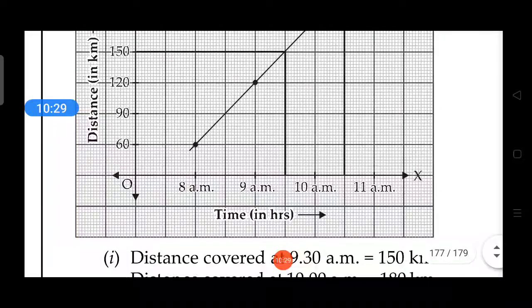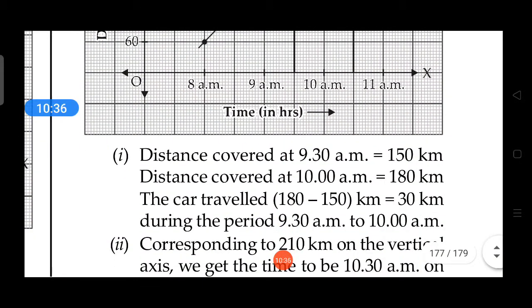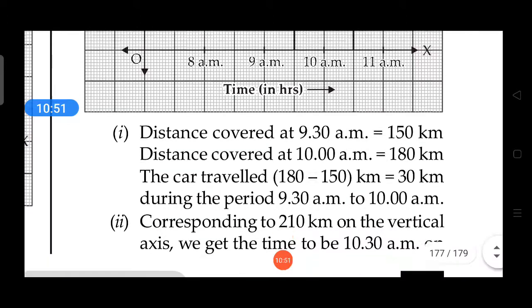How much distance did the car travel during the period 9:30 am to 10 am? So that will be 9 am 150 kilometer, 10 am 180 kilometer. So 180 minus 150, that is 30 kilometer. So during 150 to 180 kilometer, it can travel 30 kilometer.